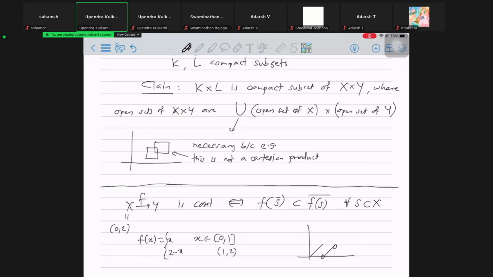So you are claiming that this one will satisfy f of S bar is in the closure of f of S for every single possible subset. So this is not 2 minus x. It's whatever it works out to be. So what is it going to be? It's going to be x minus 1, no?